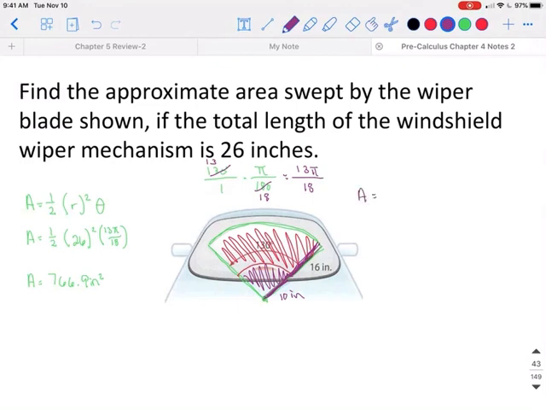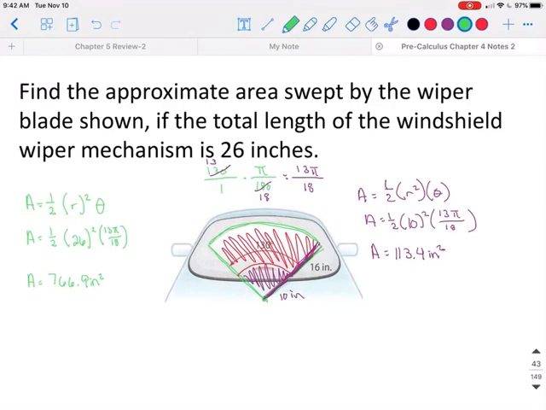So if we find the area of that 10-inch part, we're going to do 10 squared times, our angle is still the same, so that's still 13 pi over 18. And that's going to give us an area of 113.4 inches squared.